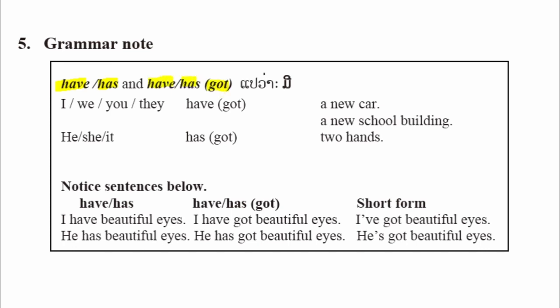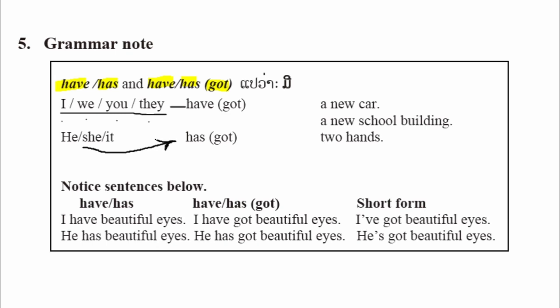Right. So let's take a look at these ones first. These are your subjects, who you are talking about. I, we, you, and they use have, and he, she, or it with one use has.